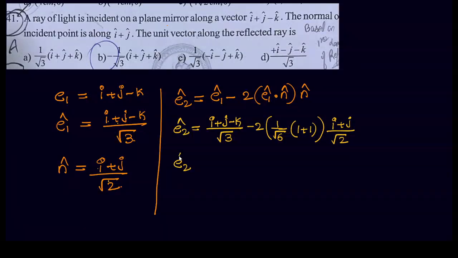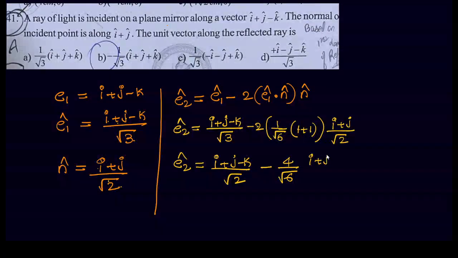That means E2 cap will come to be i plus j minus k by root 3, and this value will come 2, minus 2 into 2 is 4, 4 by root 6, into i plus j by root 2. Now simplify this thing.